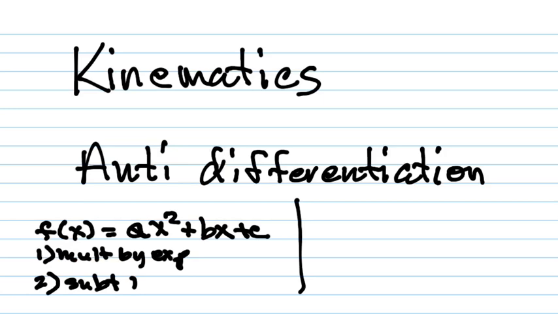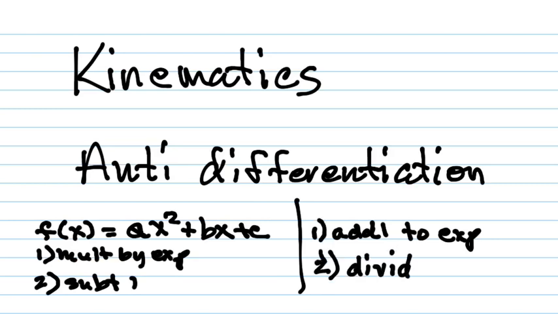So to anti-differentiate, we're going to do just the opposite. We'll add 1 to the exponent, and then not multiply, but divide by that number. Keep in mind, you're just doing exactly the opposite thing to return it to its original function.